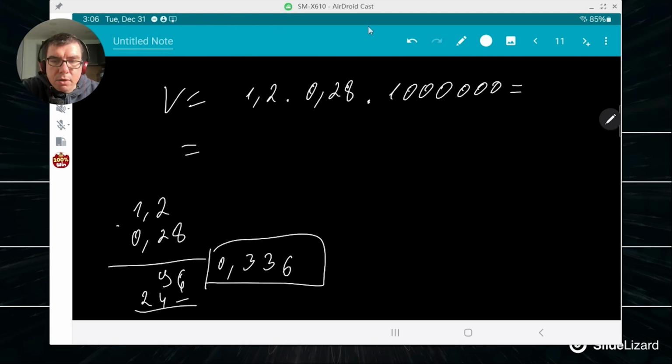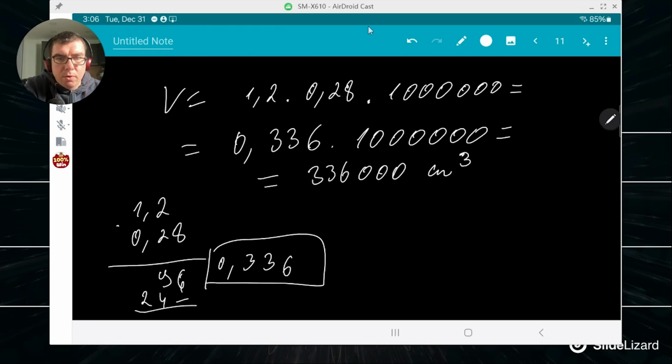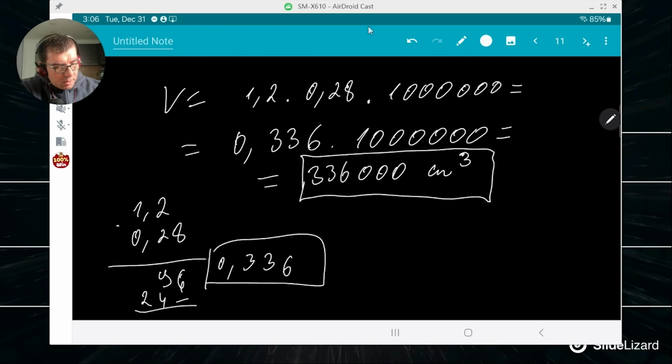So 0.336. Okay, so 0.336 times 1 million. I switch the decimal comma by 6 positions to the right because I'm multiplying. So I get 336,000 centimeters cubed. This is my volume here.